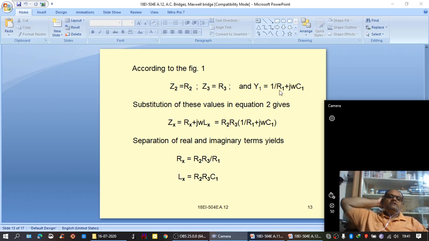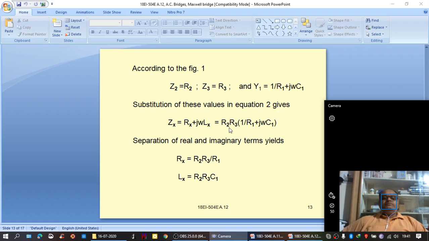So Rx plus j omega Lx is equal to R2 R3 into 1 by R1 plus j omega C1.